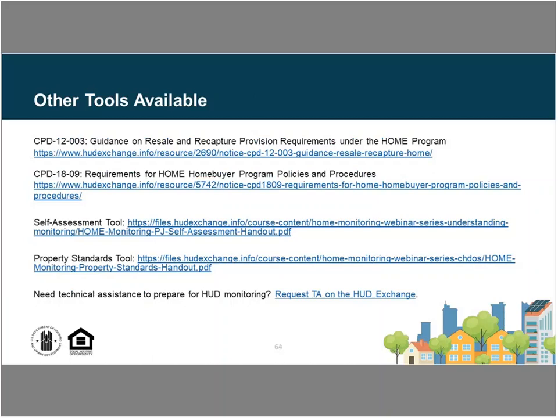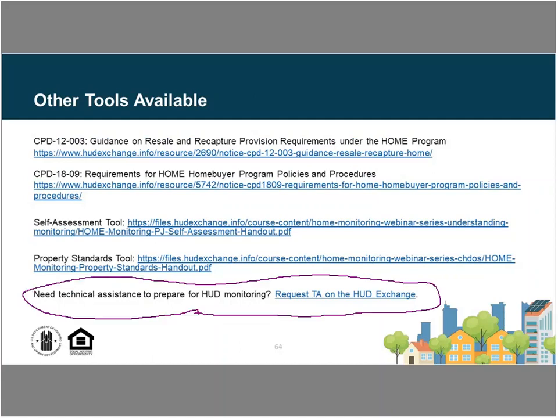We have the self-assessment tool, as well as the property standards tool. And if you ever need technical assistance for the HOME program, or in particular need some help getting ready for HUD monitoring, there is a link here that you can get to from the HUD Exchange to request TA. And so that request will go to your HUD field office, and then your HUD field office will vet it and send it on to headquarters. There are technical assistance providers that may be able to assist you.